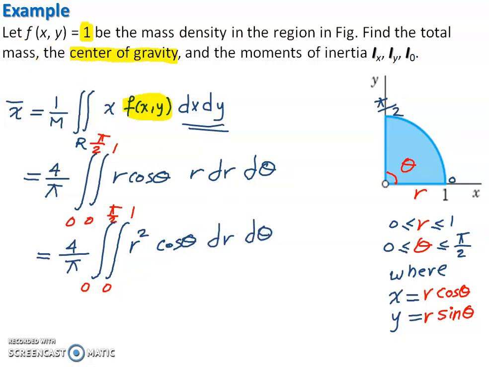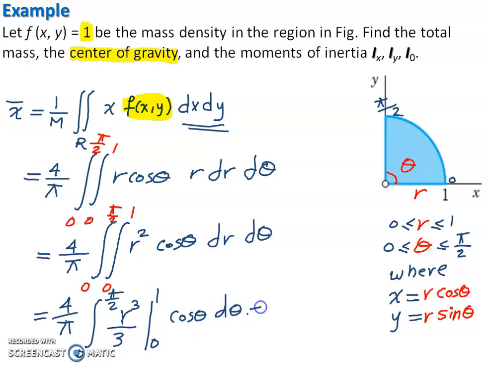We're going to integrate first with respect to r, and we're going to treat theta as a constant. So this will be 4 over pi, integration from 0 to pi over 2 for theta. Integral of r squared dr will be r cubed divided by 3 from 0 to 1. Cosine theta, we treat it as a constant.